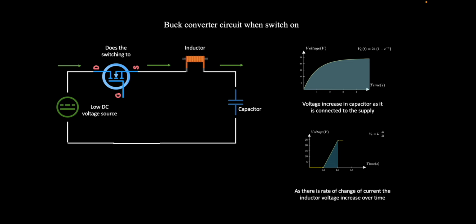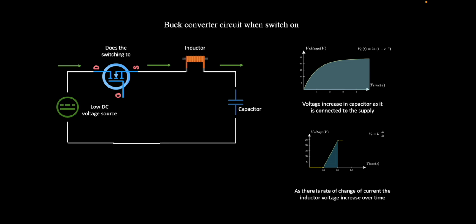So basically you are rising the voltage, and if you apply the KVL in this scenario, you will have some source voltage and there will be some voltage drop across the inductor, and you will be getting a voltage drop across the capacitor. So in this case, you can see the inductor voltage drop and the capacitor voltage drop are summed up to the overall voltage source that is being provided.